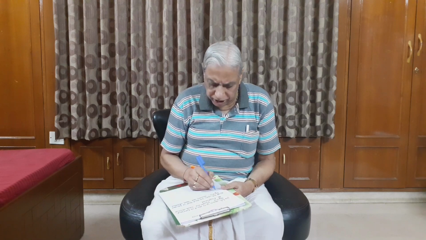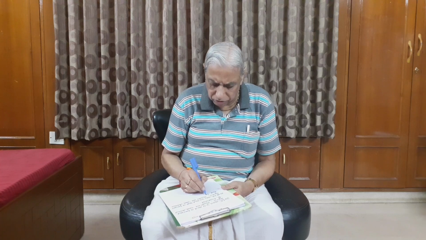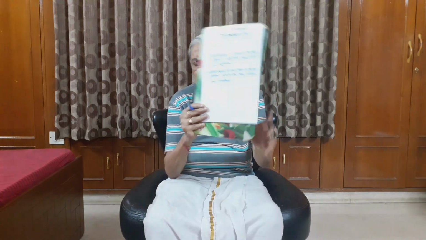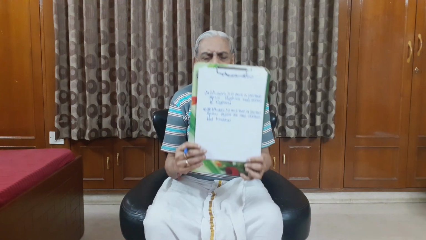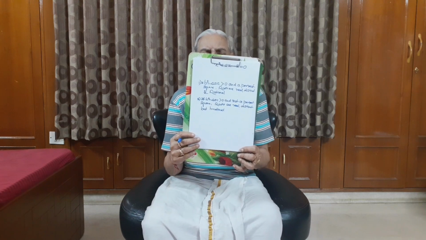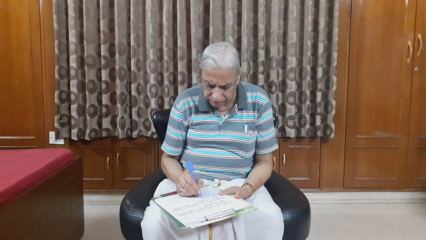Real, distinct, but not rational, means irrational. The roots are irrational. Note once again. If b square minus 4ac is greater than 0 and not a perfect square, the roots are real, distinct, but what? Irrational.